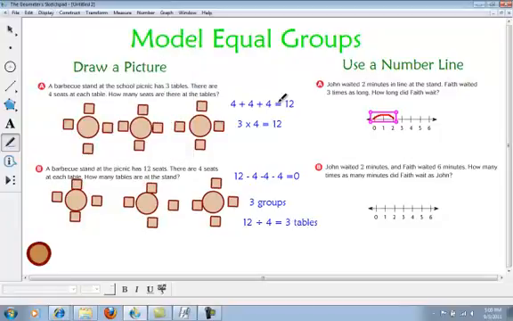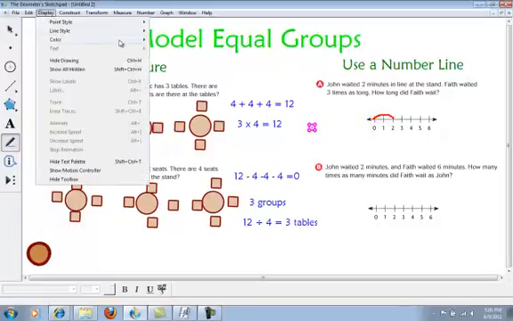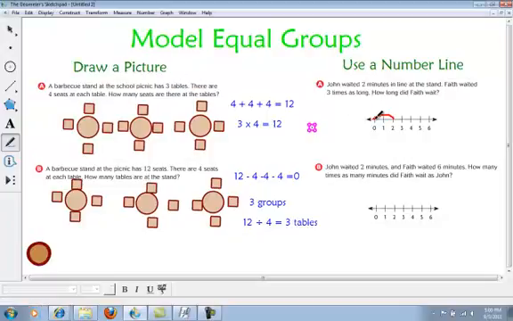Now let's show how long Faith waited. And I'm going to change the color here to blue. So 3 times as long means 1, 2, 3 of those same distances. So you can see that if Faith waited 3 times as long, she waited 6 minutes.